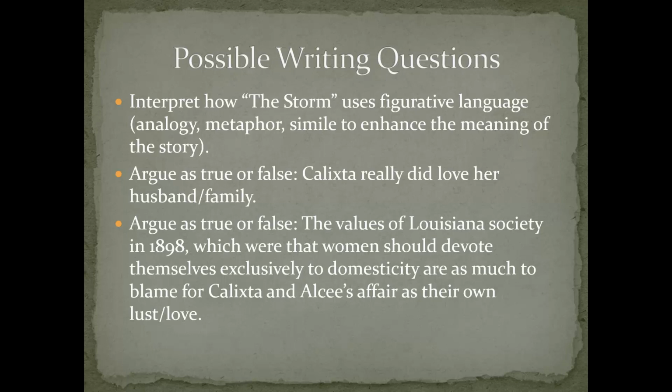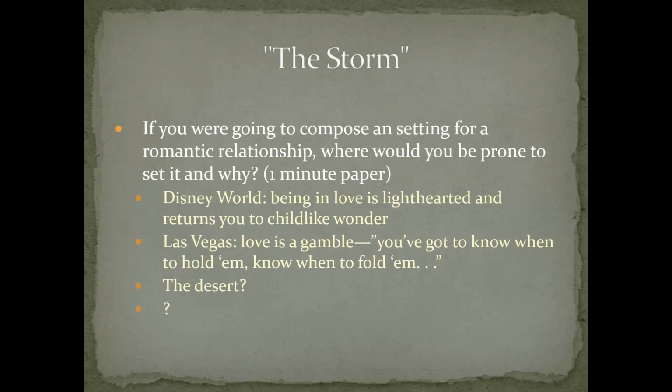And then again, you could argue that last bullet point is true or false. The values of Louisiana society in 1898, which were that women should devote themselves exclusively to domesticity, are as much to blame for Calixta and Alcée's affair as their own lust or love. That could be something arguable. And I'm going to skip that.